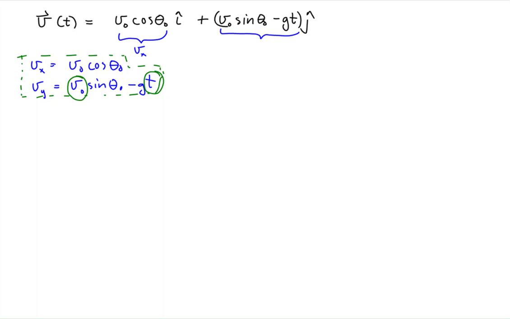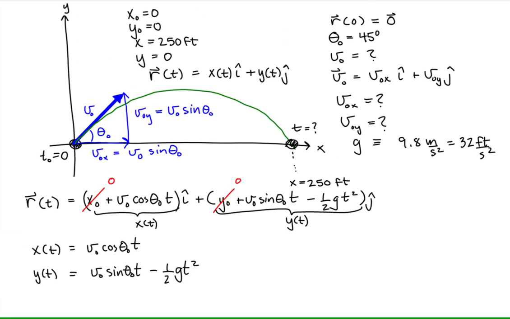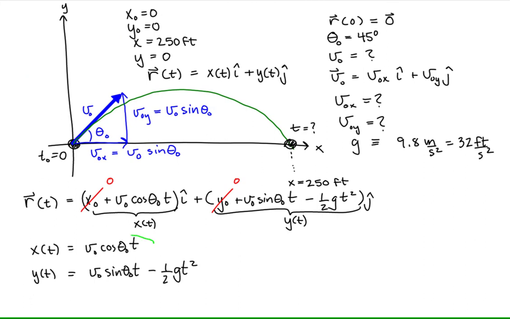So let's look at what we have from position. For the components of position, notice we have expressions with speed and time in it. Maybe we could use those expressions.